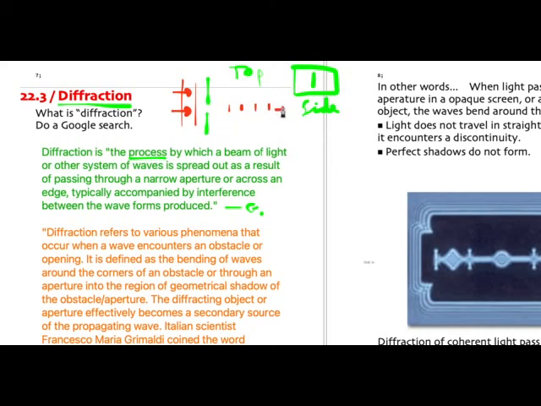So you have wavefronts like this. And outside of the region downstream from the slit, you'll just get darkness. That's the shadow cast by the opaque screen. And that's what would happen in the particle theory of light. That's not what happens in reality. So let's get rid of that, because that's not what we observe.